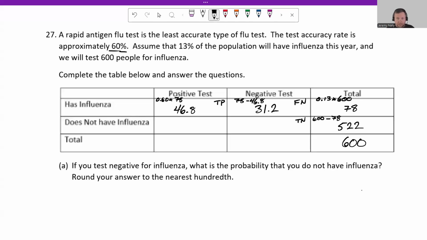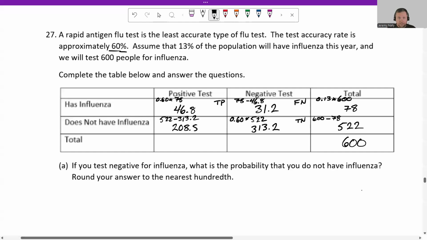And then for my true negative, so 60% accuracy, that means that 60% of the people who don't have it will actually test negative like they're supposed to. So 0.6 times 522. So I get 313.2. And then I'm going to take the 522 and subtract that. So I get 208.8.